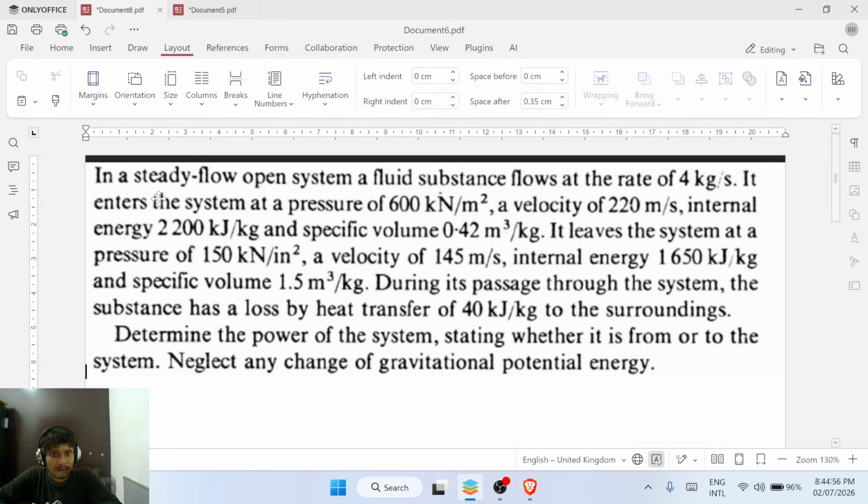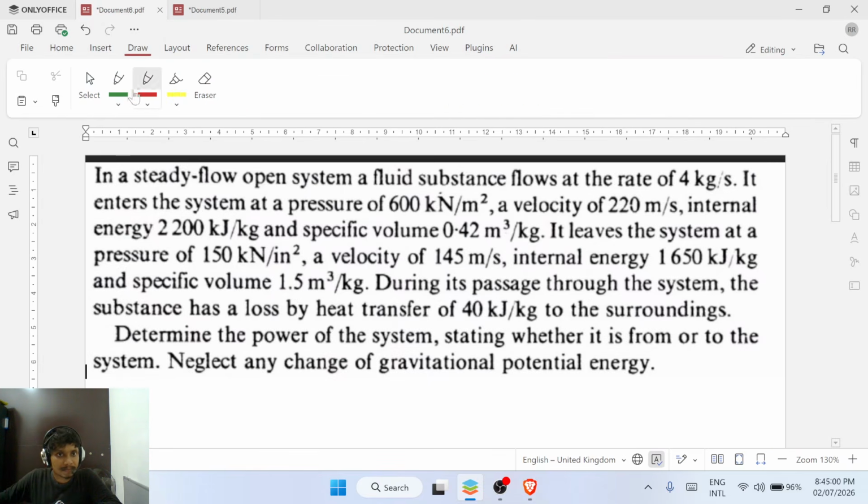In a steady flow open system, a fluid substance flows at the rate of 4 kg per second.